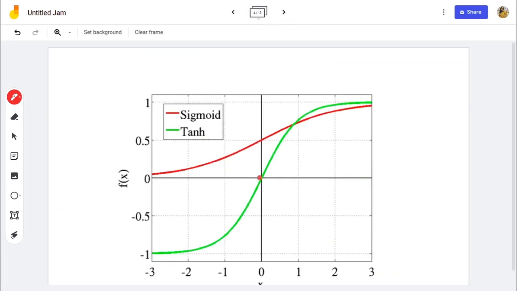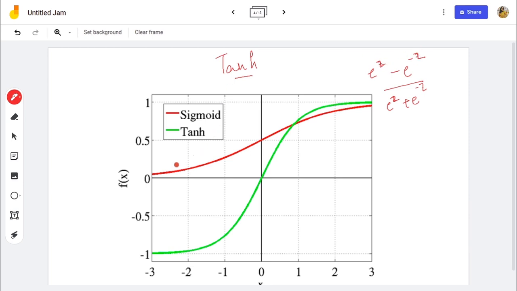So, this green line here represents the tan h function. What is the formula of a tan h function? It is e to the power z minus e to the power minus z divided by e to the power z plus e to the power minus z. So, why use the tan h function?